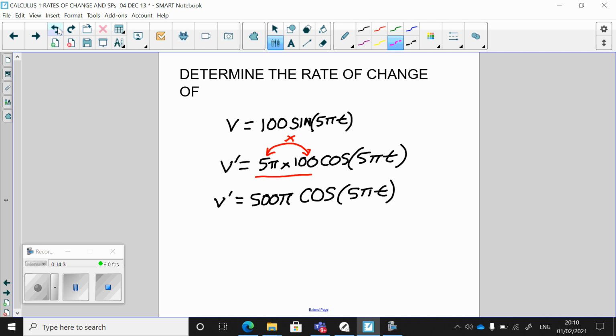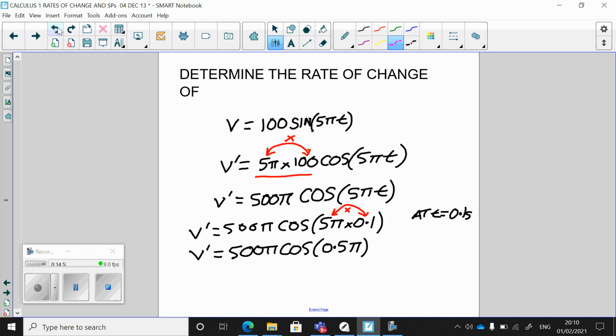So what did we have for t? I think it was 0.1 seconds. So in place of t, we're going to have 0.1. And I think the two things that can interact here are the 5 and the 0.1. Yep, they're going to interact. And whatever 5 times 0.1 is, stick that in front of pi, and then it's calculator's time.